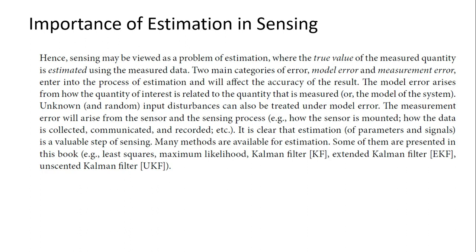Unknown input distributions are also treated as model error. However, the quantity of interest related to the quantity that is measured will be calculated. So sensing and estimation is the major part done by the sensors in Internet of Things, which are supported by the actuators.